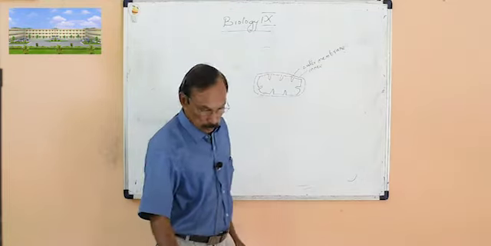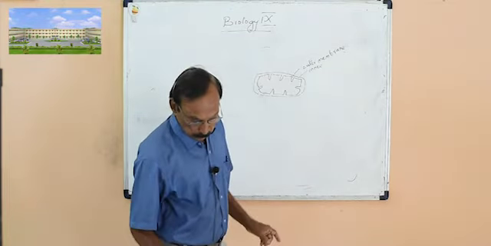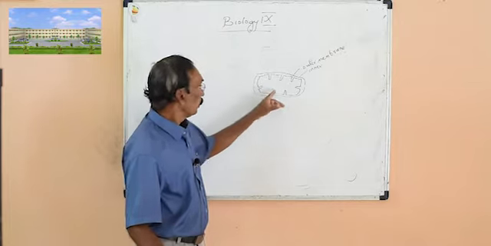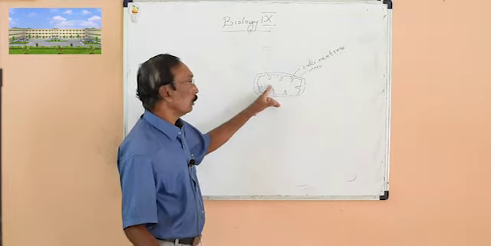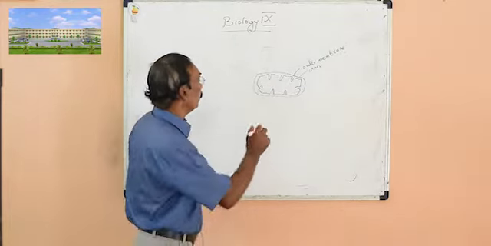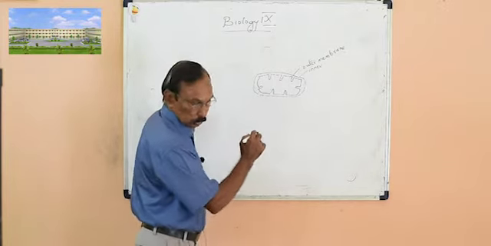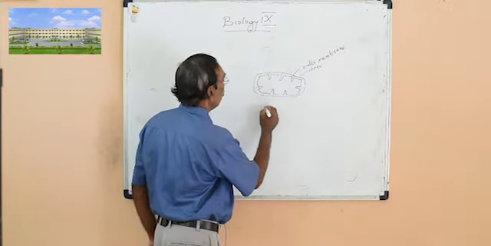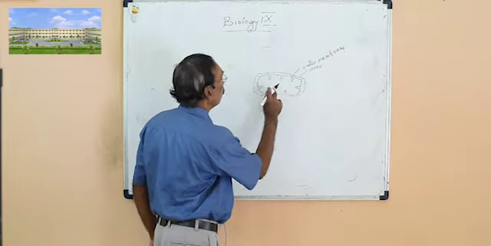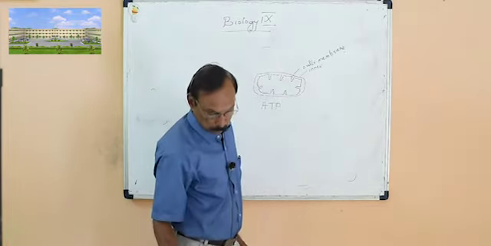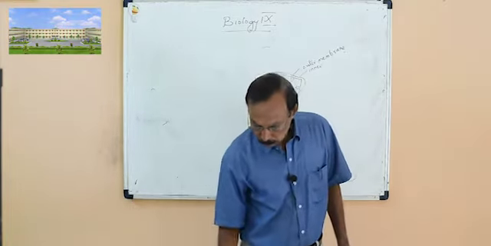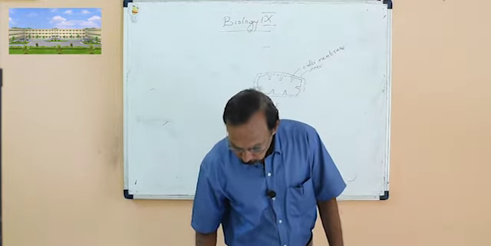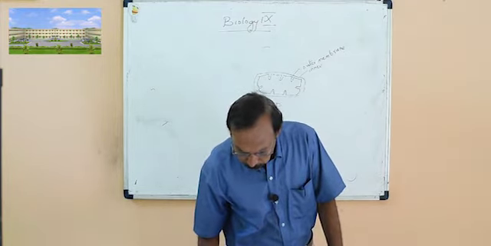The function of mitochondria you already studied. It is the part of the cell where energy is produced. Energy is stored in a substance called ATP. ATP is produced inside the mitochondria, so it is known as the powerhouse of the cell.